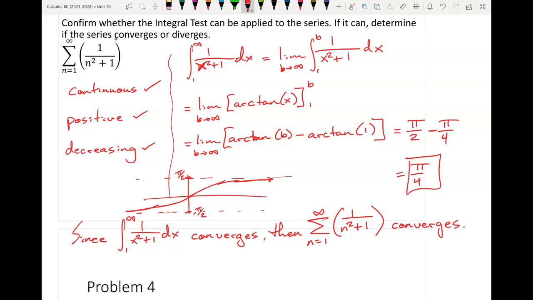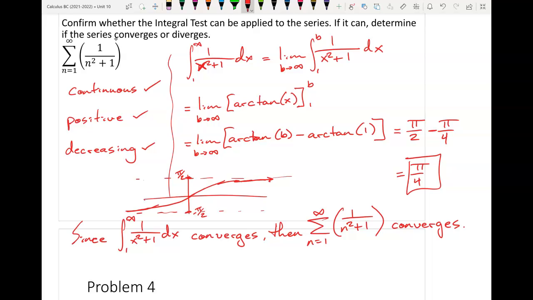Now, what you have to be careful of, the integral converges to pi over 4. That does not necessarily mean the series converges to pi over 4. You have to be careful with that. This is not the sum of the series.